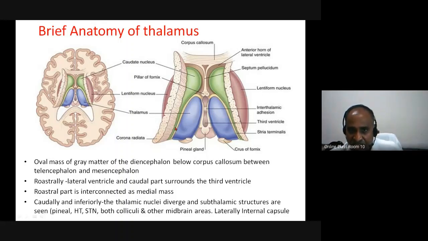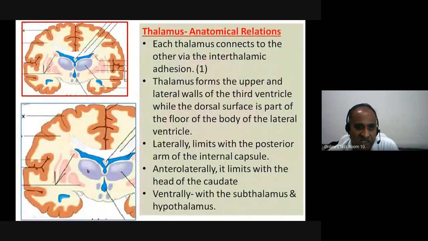The subthalamic structures seen are the pineal gland, hypothalamus, subthalamic nucleus, and both colliculi, and other midbrain areas. Here we cannot see the lateral part, but here we can see it.